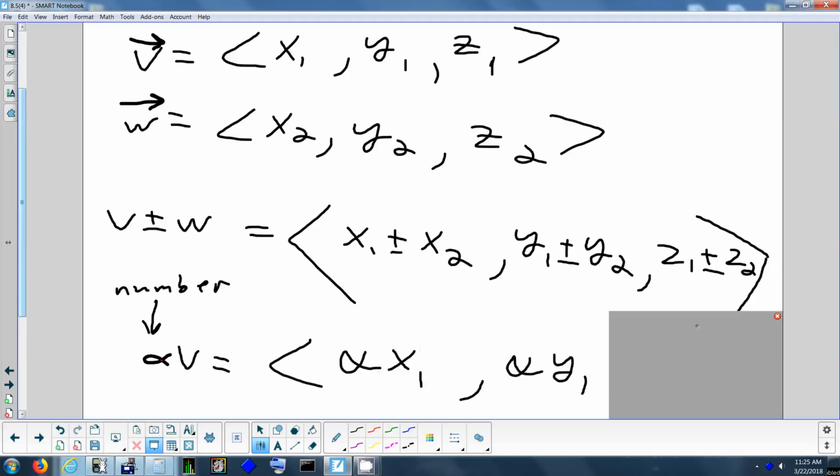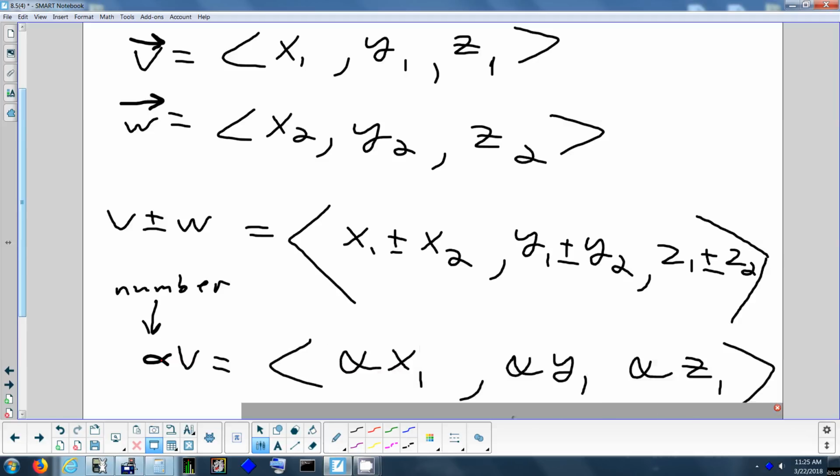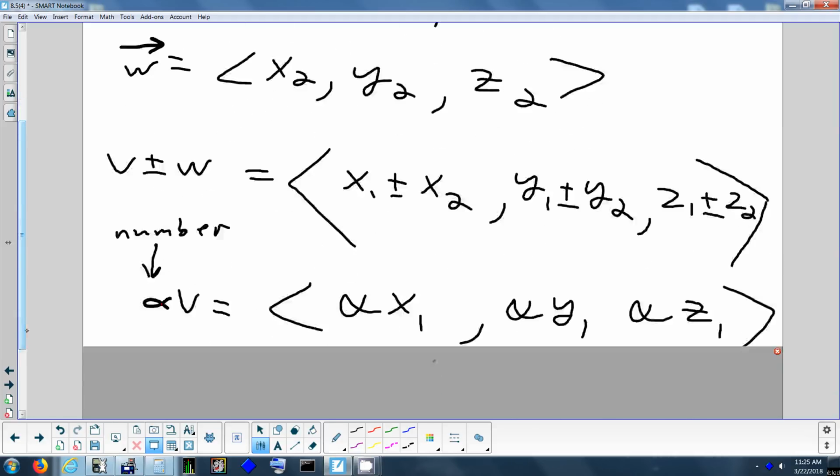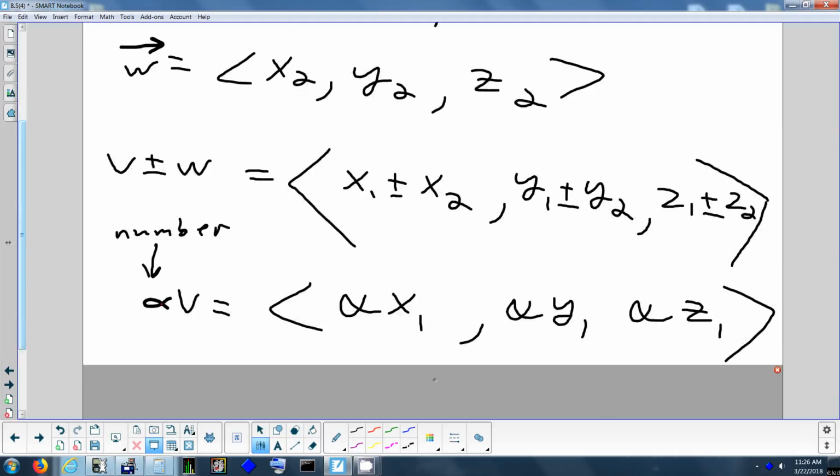Multiply the z component by the scalar. That's why I said today it's pretty much a review, going over everything we did in 2D again.